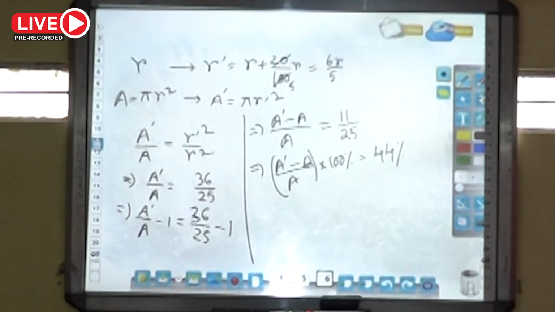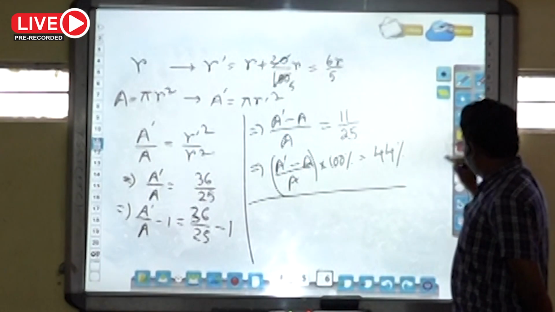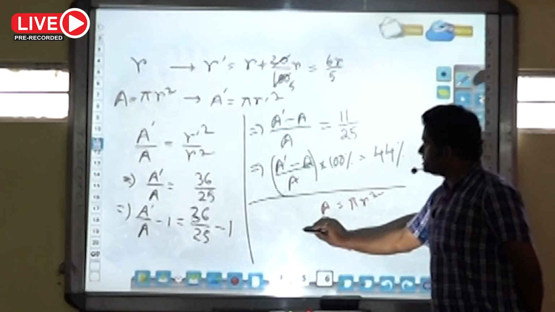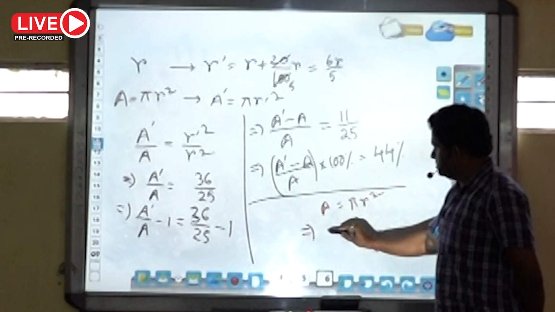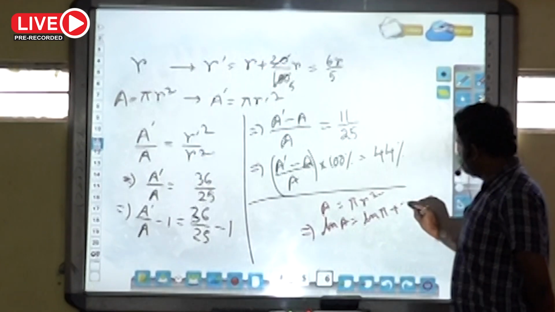Now, if it is said that the error is only 2% or 1%, then I can calculate the percentage error with very few steps. In that case, you can write this formula, A equal to pi r square. Simply take logarithm on both sides. Log A will be log pi plus 2 log r.